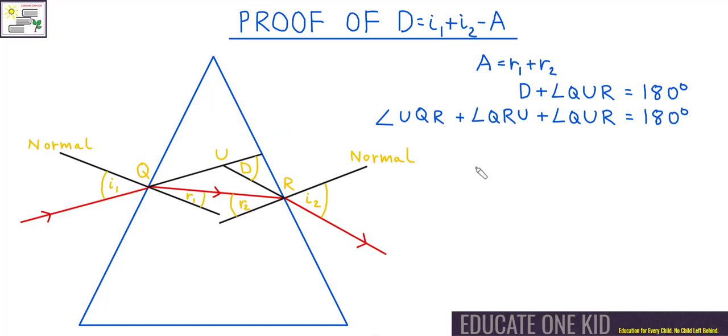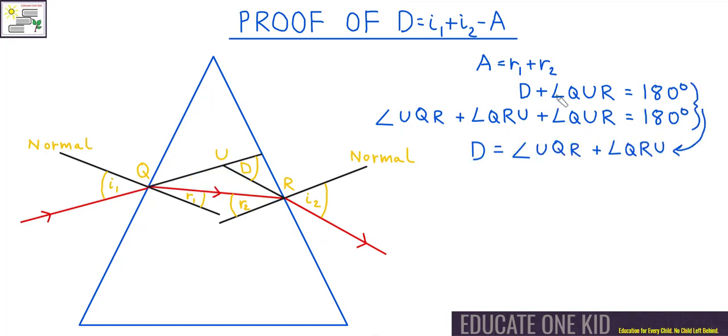And also, we know that if we add these three angles, we will get 180 degrees as well. Why is that? That's because these three angles, angle UQR, that angle, angle QRU, this angle, and angle QUR, this angle, are the angles inside this triangle, and we know the angles inside a triangle add up to 180 degrees.